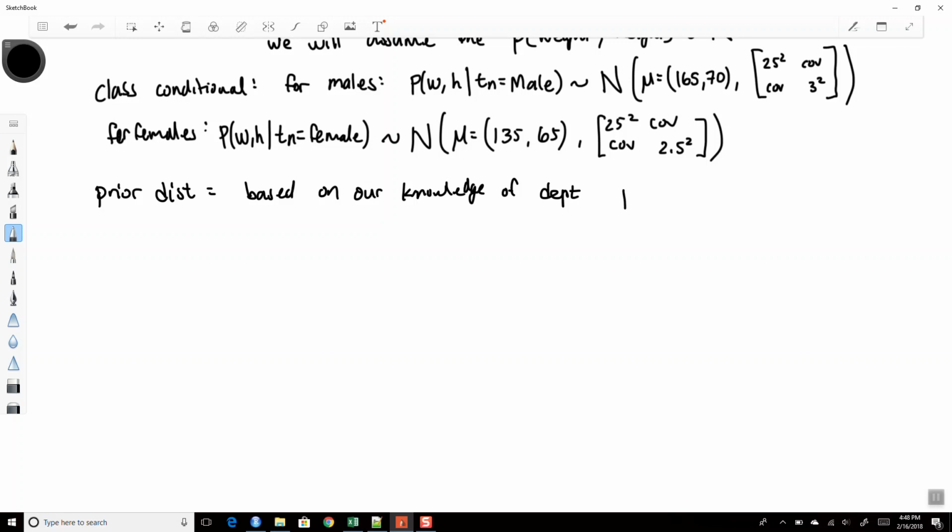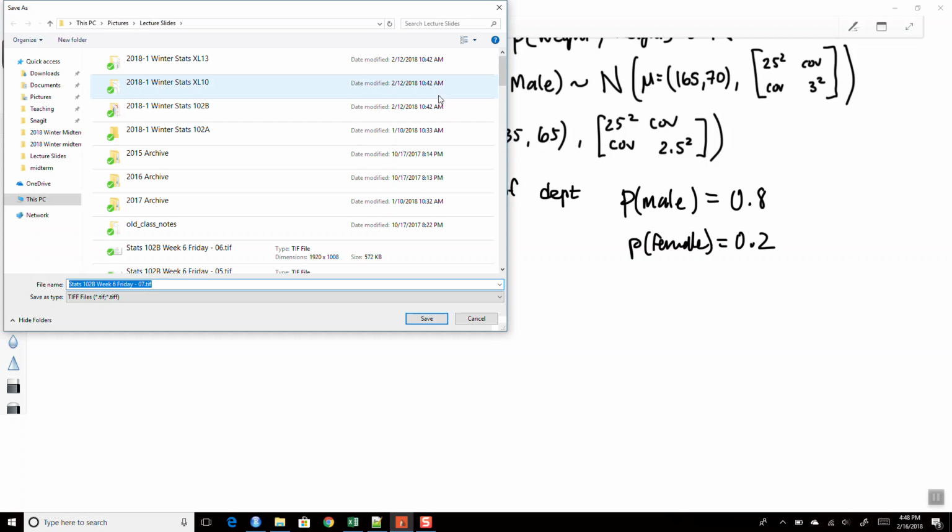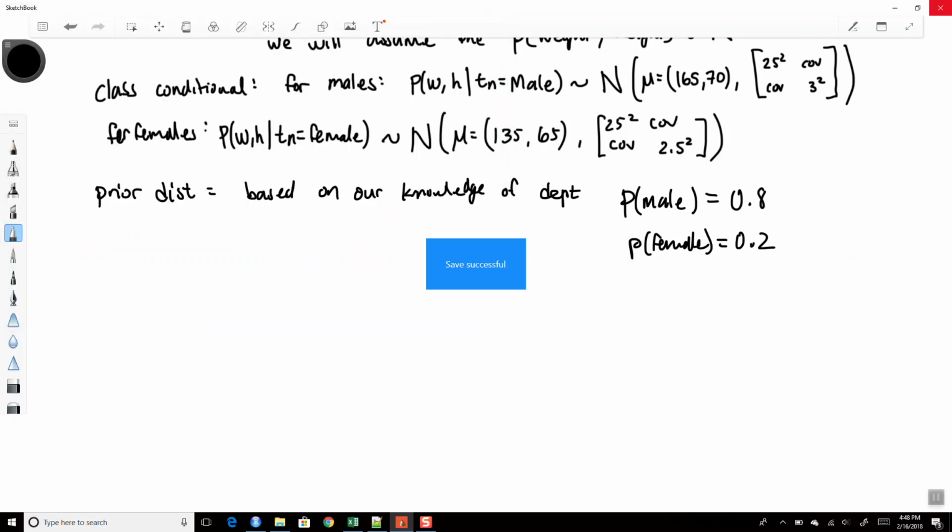The probability of male is going to be equal to 80%, and the probability of female is equal to 20%, right? So this is all the information we need.